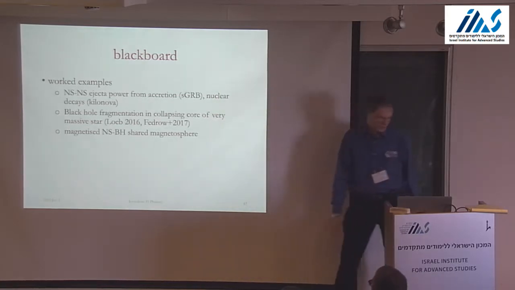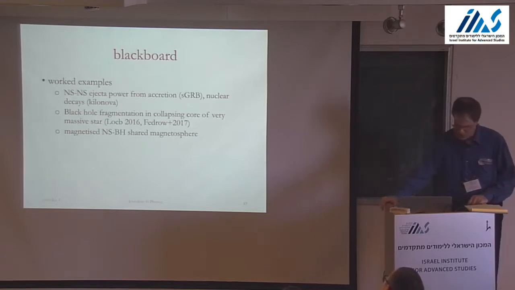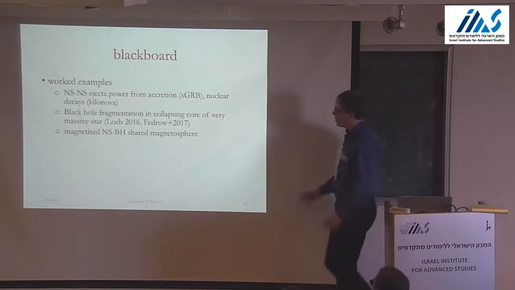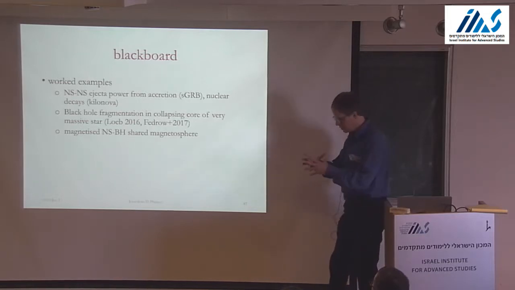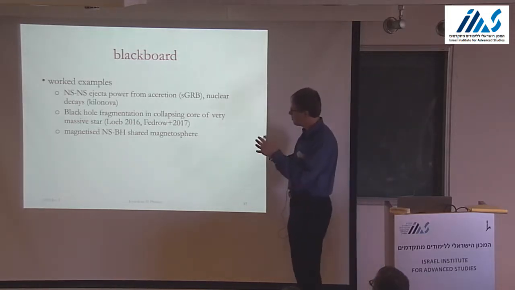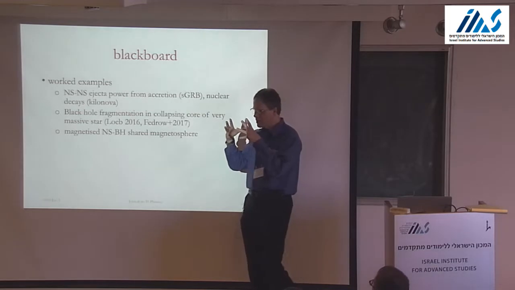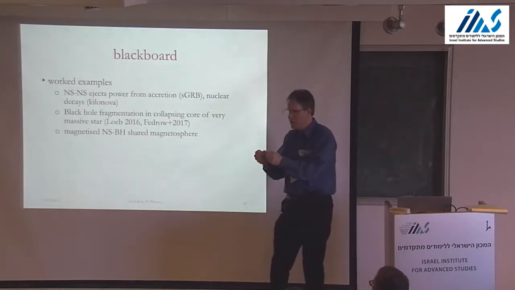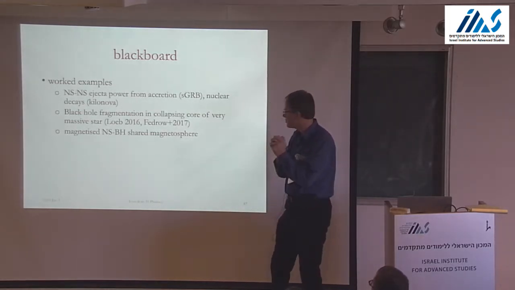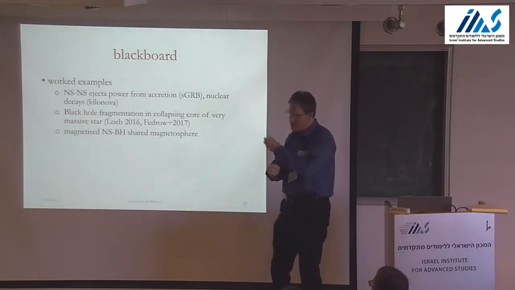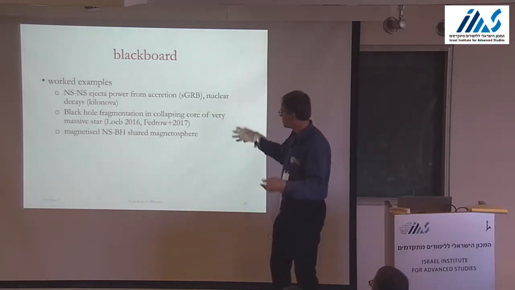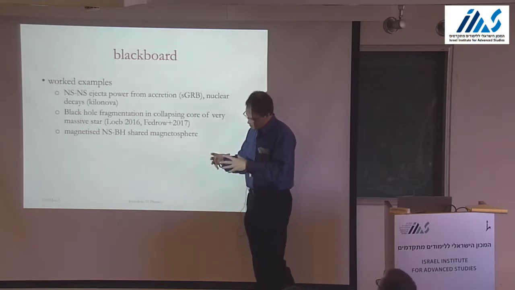Then one electromagnetic transient idea, which I didn't discuss, is the idea that perhaps I have a very massive star with a very rapidly rotating core. As the rapidly rotating core begins to collapse, it fragments and makes two black holes out of the rotating core by gravitational instability. Those two black holes are now orbiting in the dense gas core of the collapsing star.